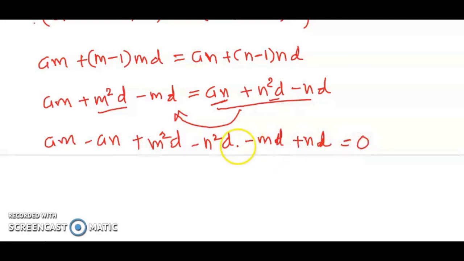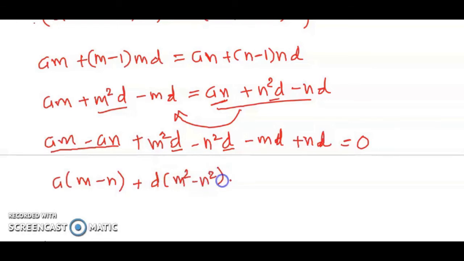equal to 0. So if you take the pair of those two, here a will be common, so remaining is m minus n. Here d will be common, so here we will have m square minus n square, and from those two you can take minus d common, so we will get m minus n equal to 0.